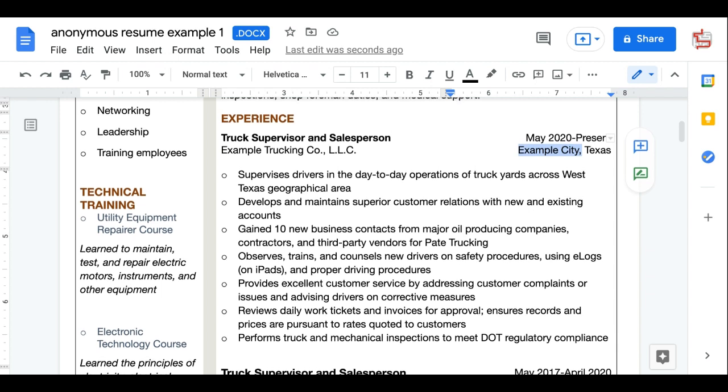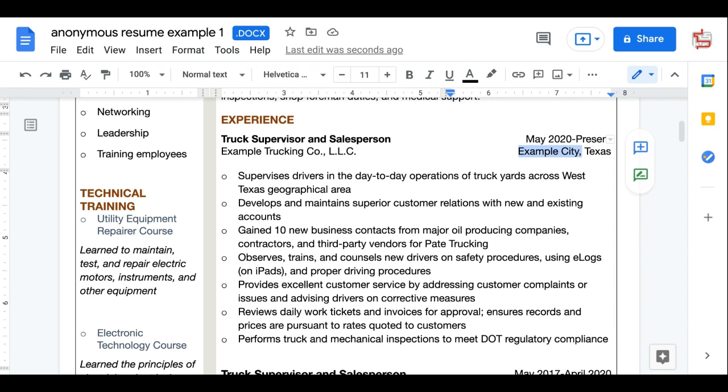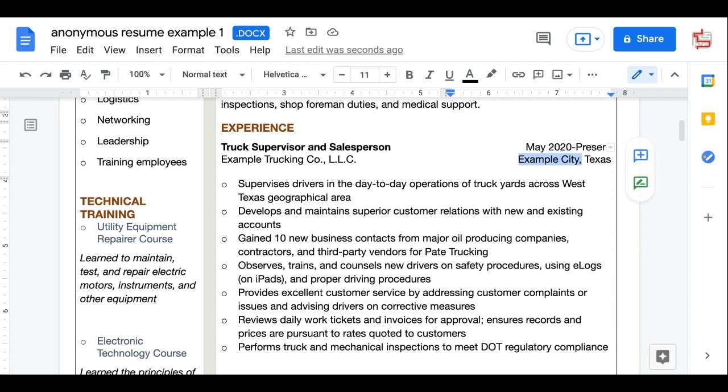And that was important because this person was applying to be a trucking supervisor. So most trucking supervisors will need to have some familiarity with the area that they are going to work in. So that's my rationale behind that.